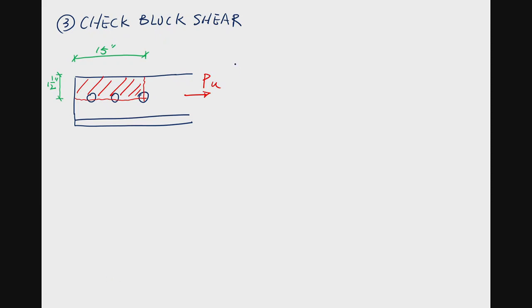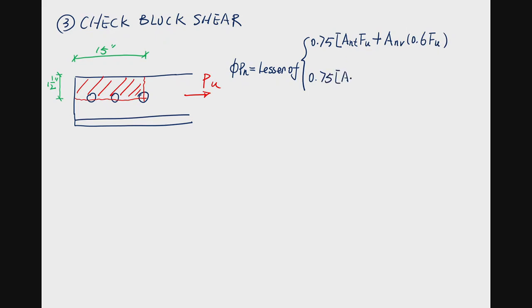Okay, so based on the code, VPN is the lesser of 0.75 times ANT FU plus ANV times 0.6 FU, and 0.75 times the first item is the same, ANT times FU plus AGV.